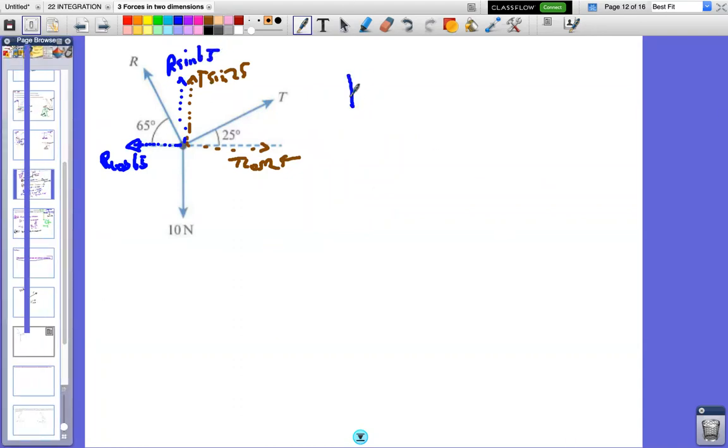Then we resolve vertically. We will get R sine 65 plus T sine 25 should be equal to the 10 Newton force.